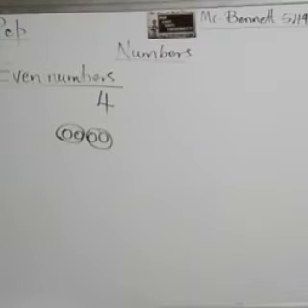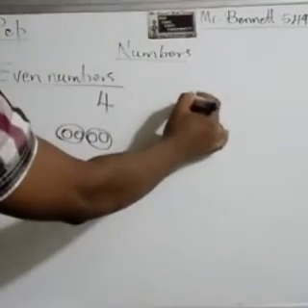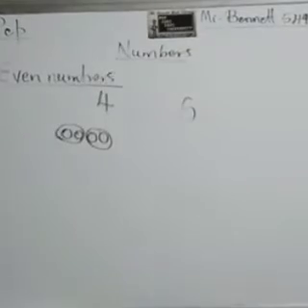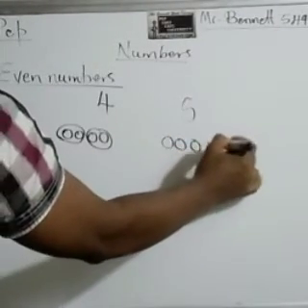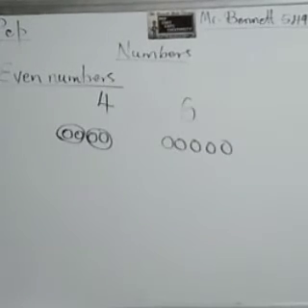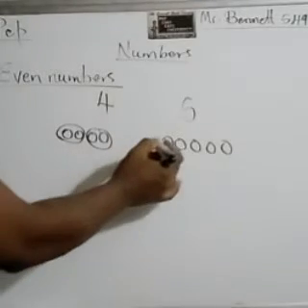Let us look at the number 5 that is close to 4, right? Let us put 5 circles. 1, 2, 3, 4, 5. Now let us put it in groups of 2. If we don't get all groups of 2, then it is said to be an odd number.